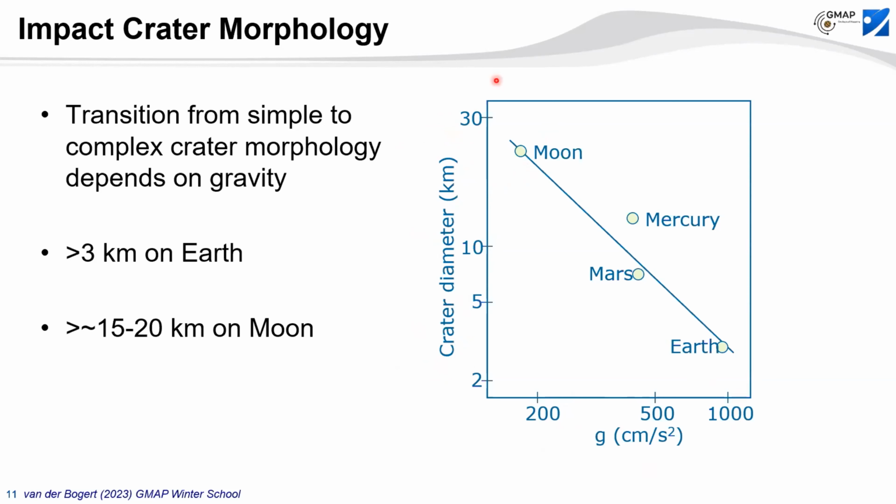Okay, and what you can see is that on the moon, the gravity is of course the lowest of the different planets that we're comparing here, and the diameter at which the change to a complex crater happens is at about 20 kilometers. Okay, and the transition to a complex crater on the Earth happens at a much smaller diameter, so about 3 kilometers.